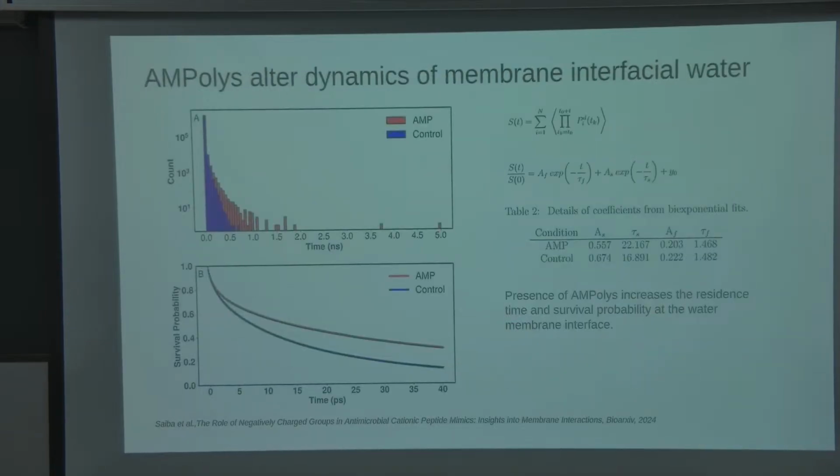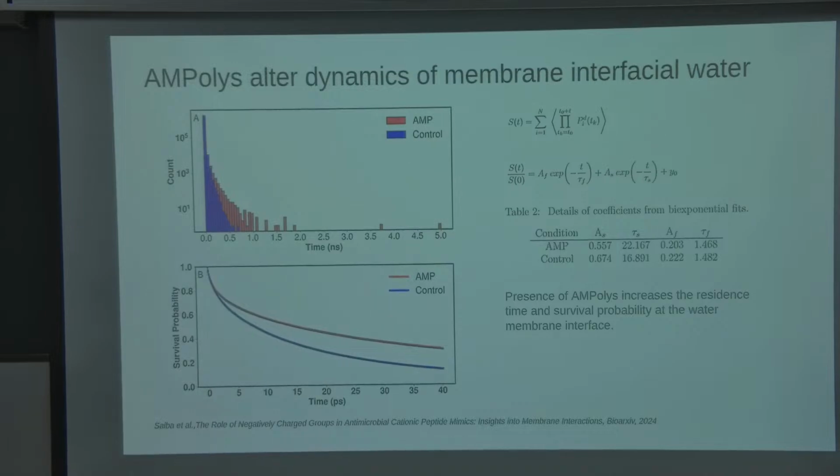Continuing on, we also look at the properties of the water at this membrane interface. The water is also a key participant in recognition of polymers to biological membranes, right? Here we look at two different quantities: one is the total residence time of the water, and another is the survival probability of the water.